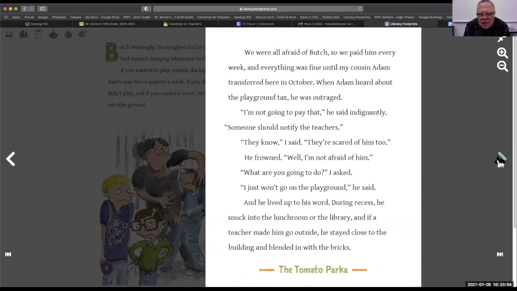"They know," I said. "They're scared of him too." He frowned. "Well, I'm not afraid of him." "What are you going to do?" I asked. "I just won't go to the playground," he said. And he lived up to his word. During recess, he snuck into the lunchroom or the library, or if a teacher made him go outside, he stayed close to the building and blended in with the bricks.